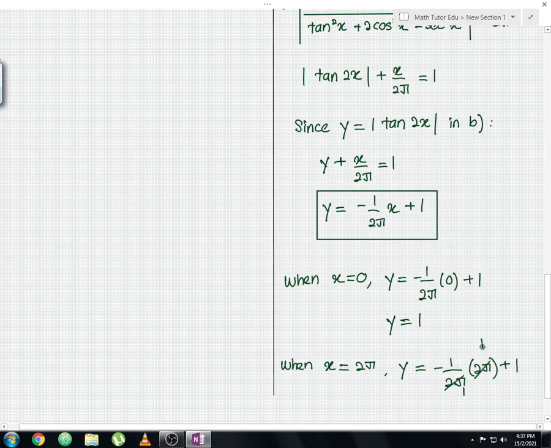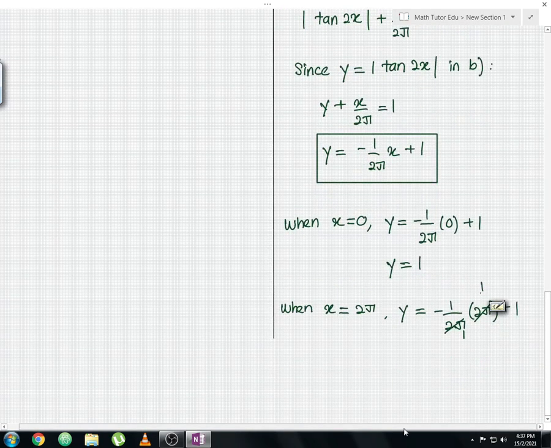Negative 1 times 1, you'll get negative 1. So negative 1 plus 1, you get y equals 0. So these are your respective coordinates: the first one is 0, 1 and the second one is 2 pi, 0.